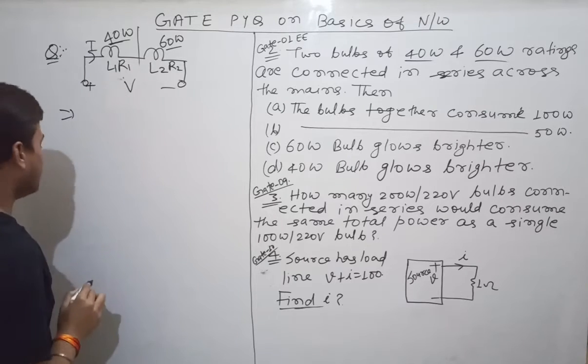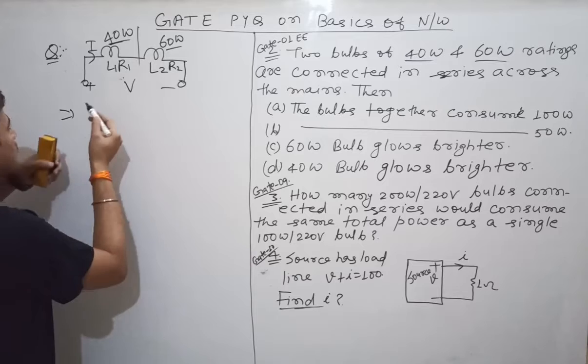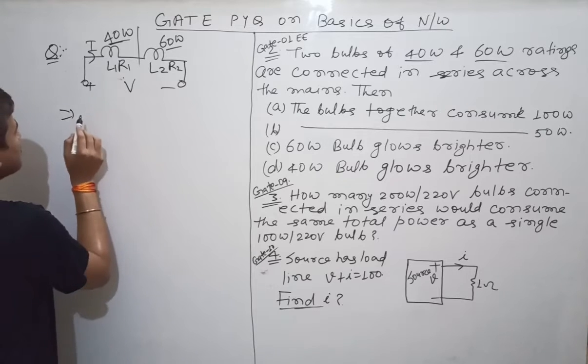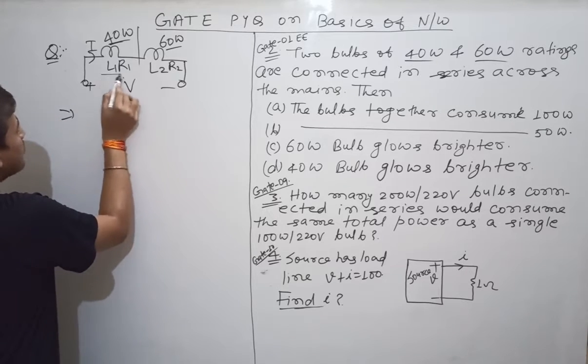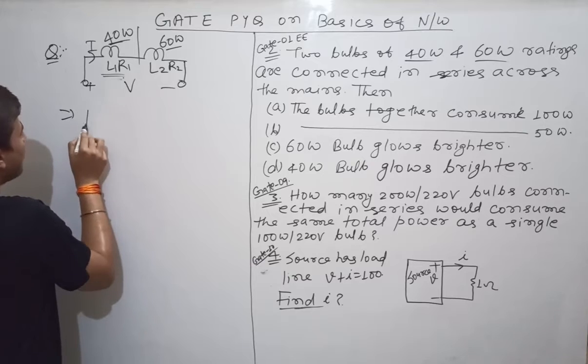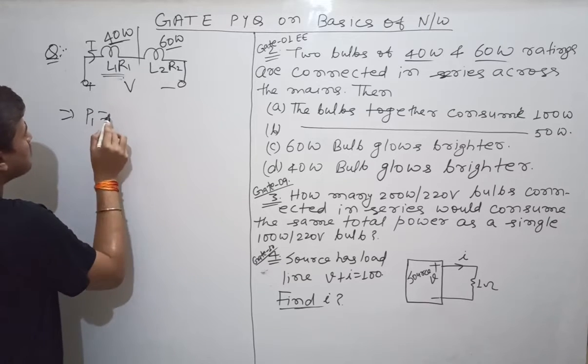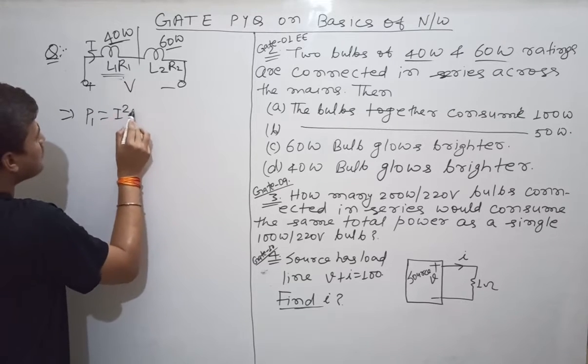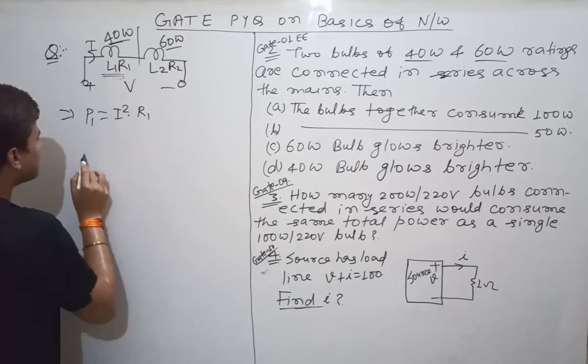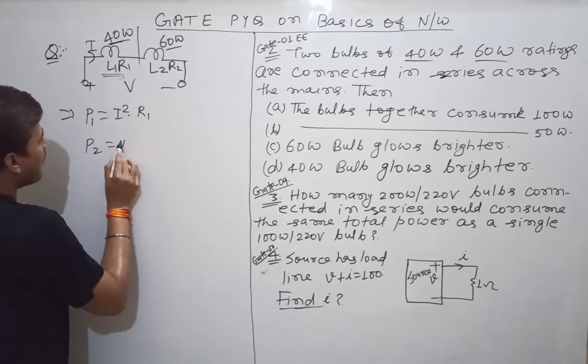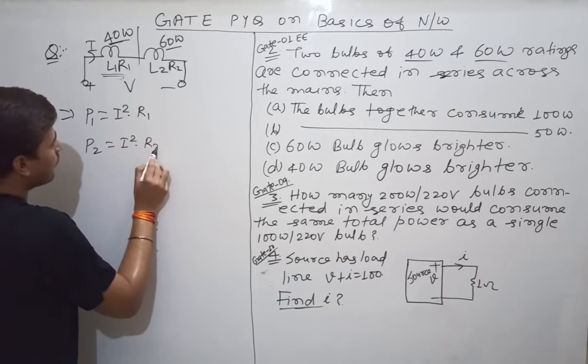So you can write power P1 as I square into R1. Similarly, power P2 will be I square into R2.